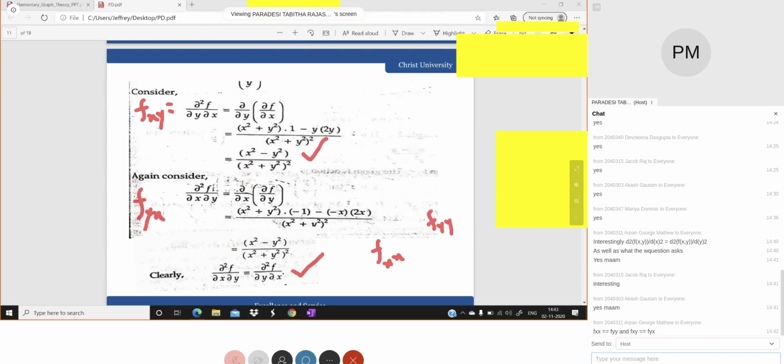Maria, where is that negative sign? Is a negative sign missing here, Maria?